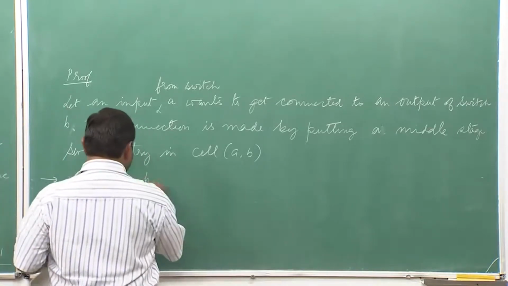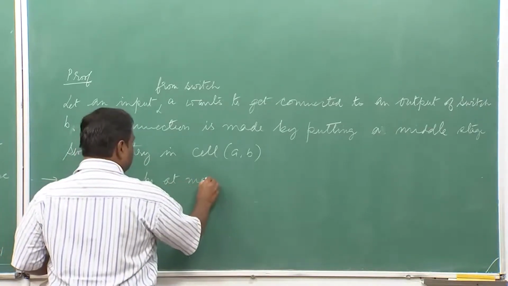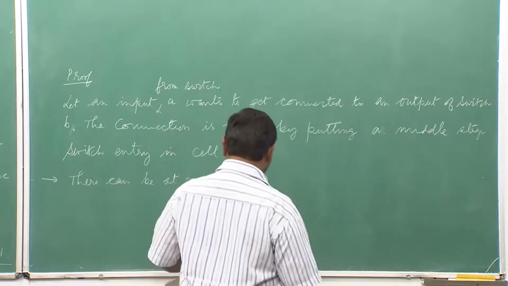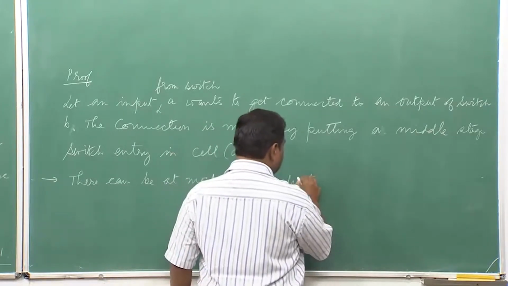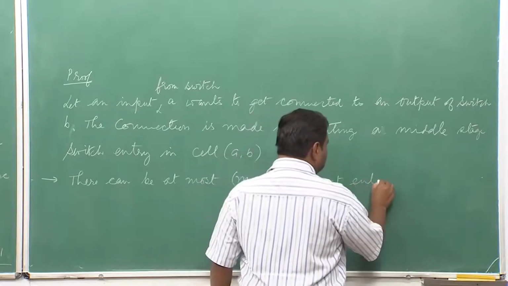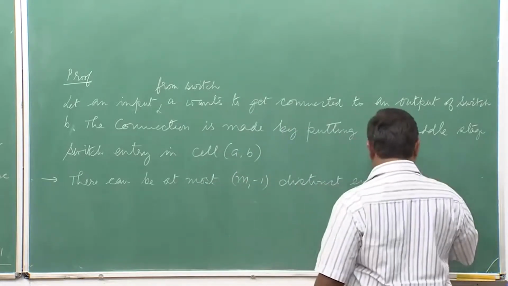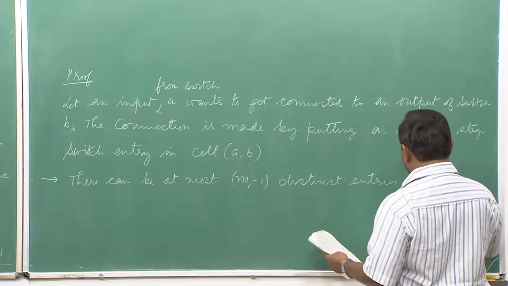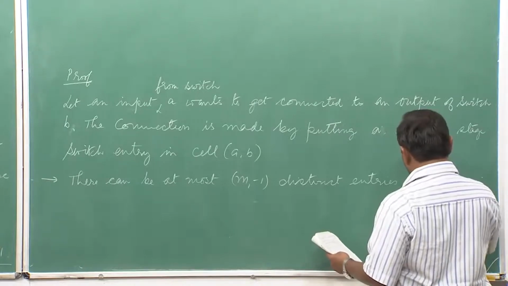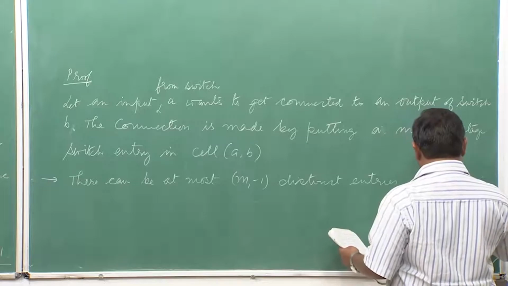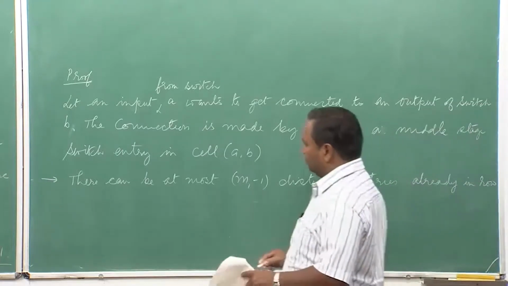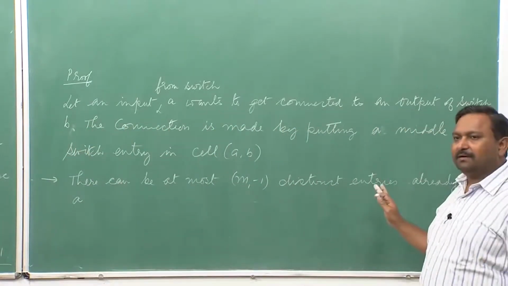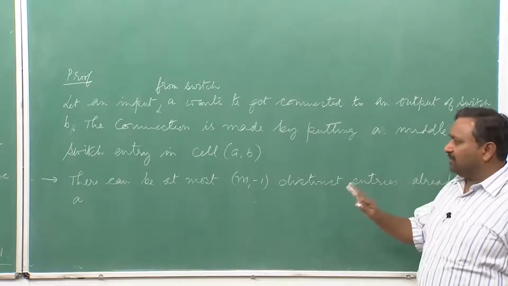There can be at most m1 minus 1 distinct entries already in row A, and I am talking about a distinct entry. So, there is no multicasting here. Okay. There can be only m1 minus 1 elements which can be there.